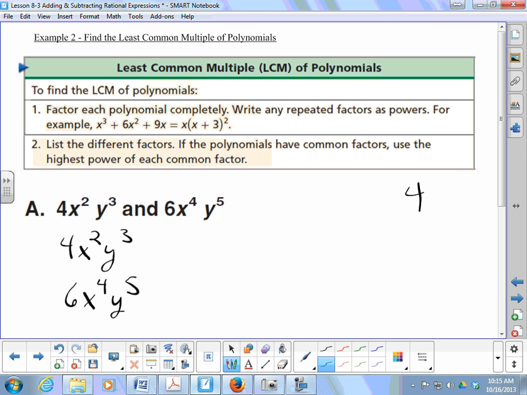Why 2? Because it's the smallest prime number, and it's an even number. So 4 is 2 times 2, correct? And I'm done because those are both prime numbers. So I can say that this is 2 squared times x squared times y cubed.